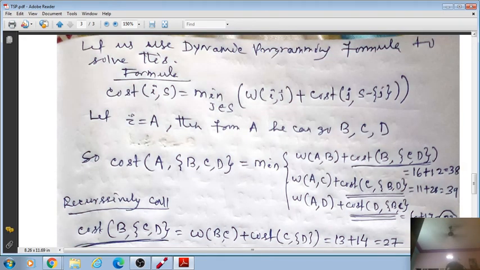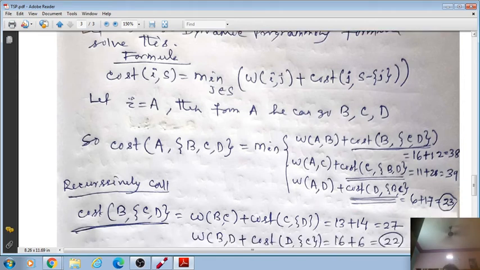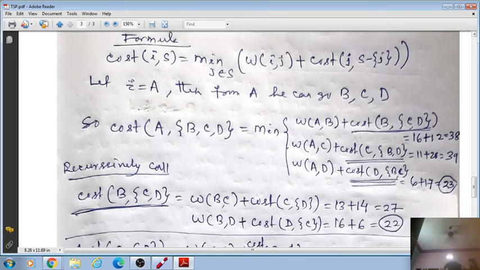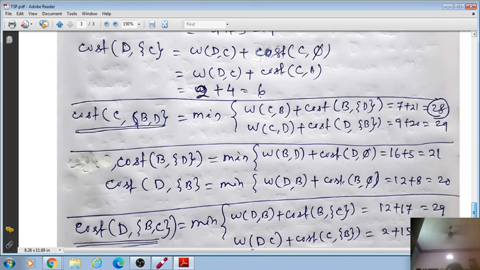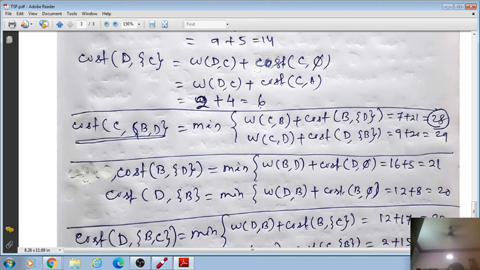Clear, understood? Similarly, again you see weight of SC. Because I have taken B, next I will see weight of C, cost of CBD. Again this is recursive. I will find the CBD, that is cost of CBD, which includes cost of B. Similarly cost of C to B, finding 29. So this will take 28, because again you have to find cost of B to D like that.